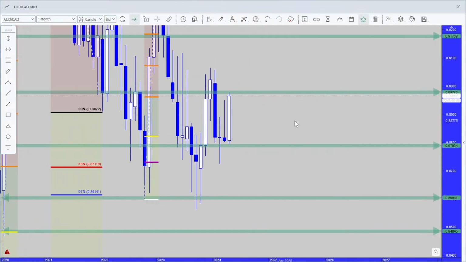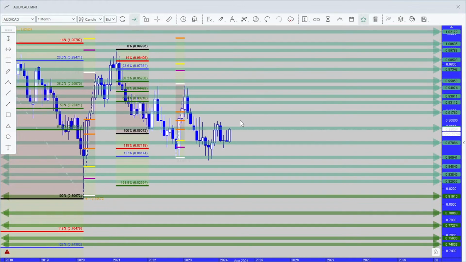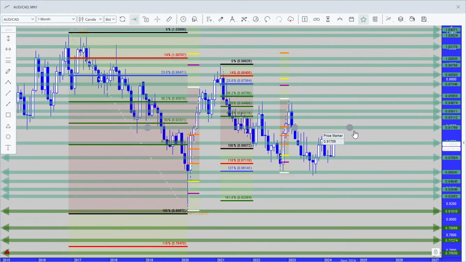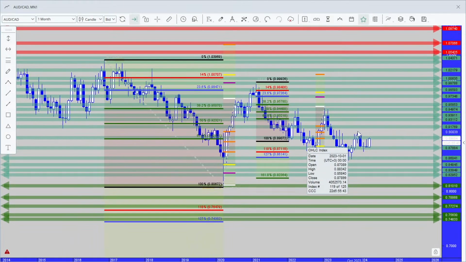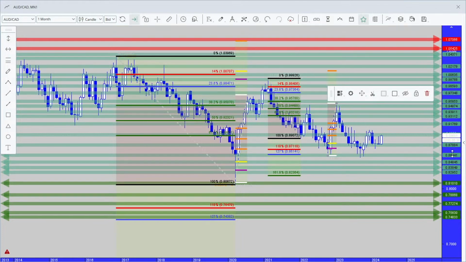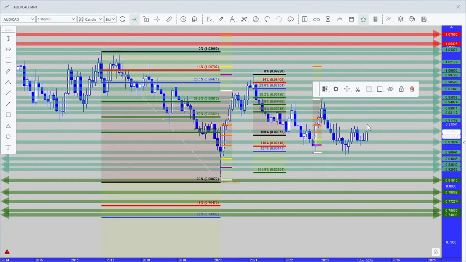AUD CAD monthly chart, as you can see, and we have the Fibonacci of the confirmation already. Okay, everybody, AUD CAD monthly chart.